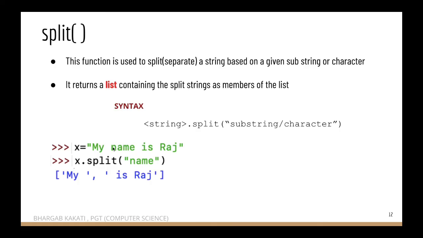Wherever the substring "name" occurs, the string will be split, and that particular separator will not be a part of the output. So before "name" we have "my ", so "my " has come, and after "name" we have " is Raj", so " is Raj" is being displayed here.